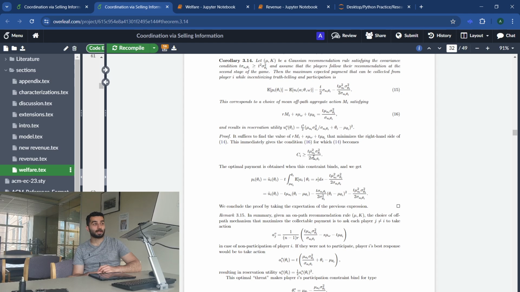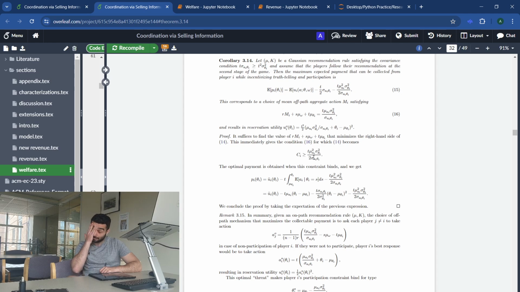Or actually x greater than 1. If x is greater than 1 all the time, then the maximum expected payment collected from player I while incentivizing truth telling and participation is this.